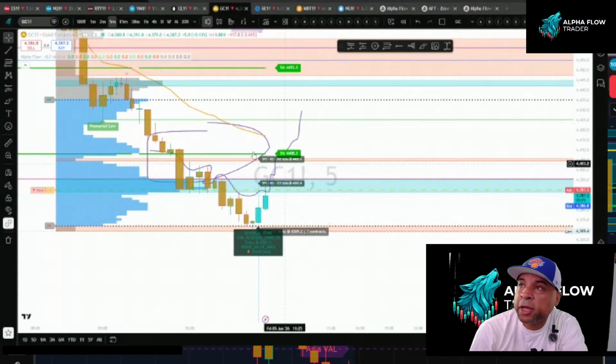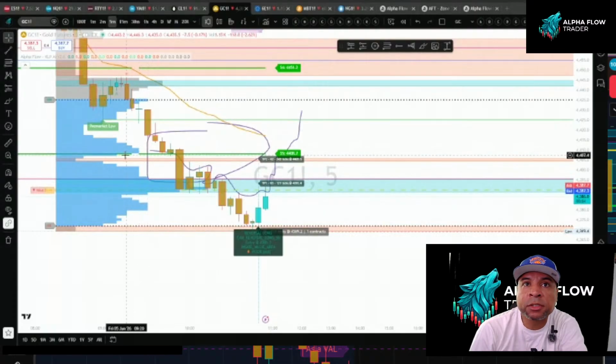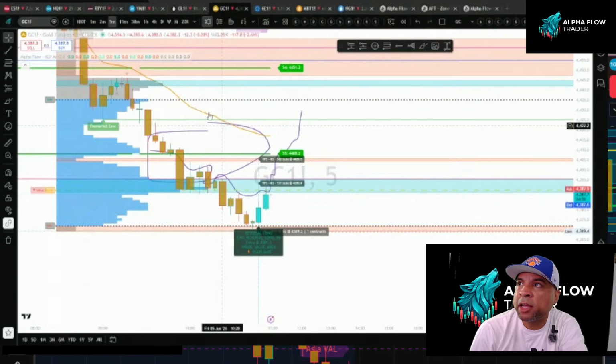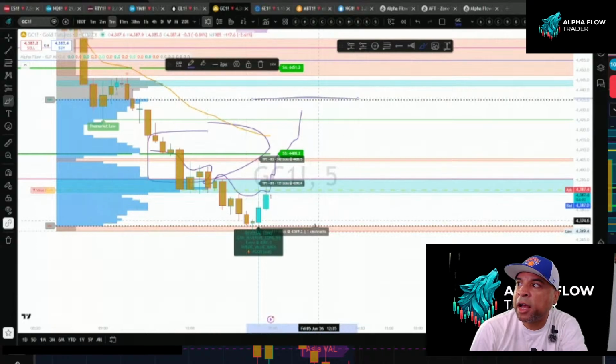Now, also for you guys that like to trade the volume profile ranges, it's a strategy I used to do, and I'll look out for it every once in a while. But these volume profile ranges, you have your value area highs. Let me highlight it for you guys. You have your value area highs and your value area lows.